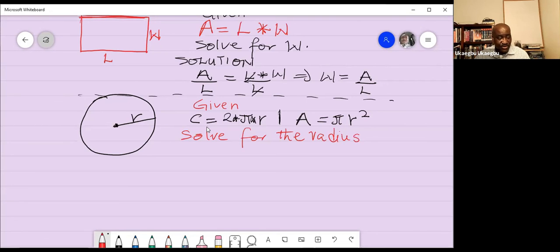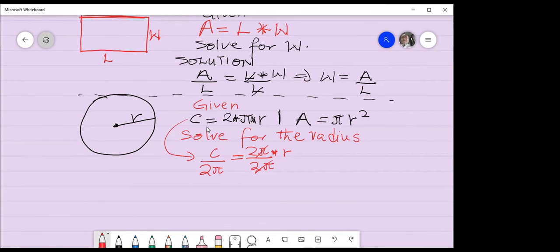Okay, that's correct. So the first one is C divided by 2 pi equal to 2 pi multiplied by radius divided by 2 pi. So that crosses out, leaving you with radius equal to C divided by 2 pi.